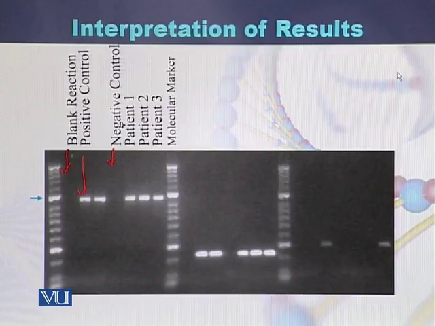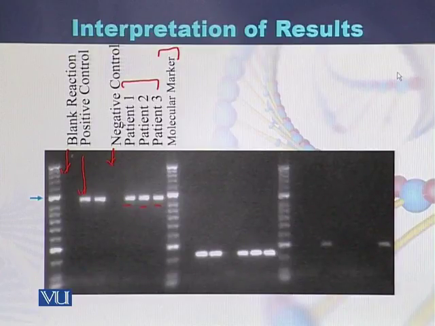This is the result of patient 1, patient 2 and patient 3, these 3 patients. And this is the DNA ladder, also called the molecular marker. The expected size for the patients for a particular region of the DNA was about 1000 base pair. We check whether our band is the same as what we were expecting.